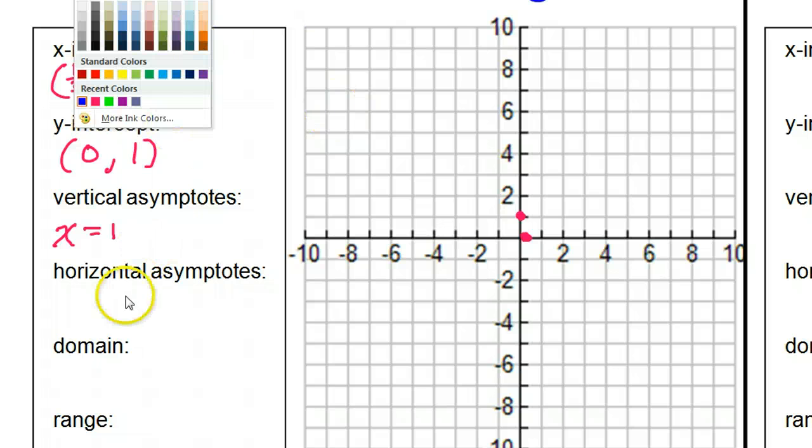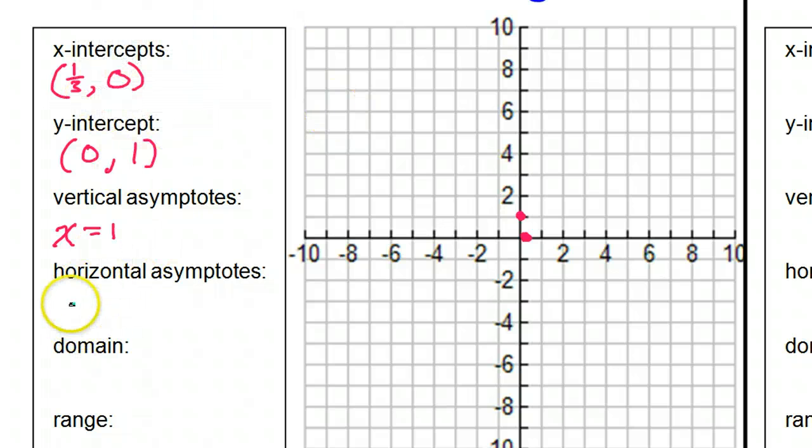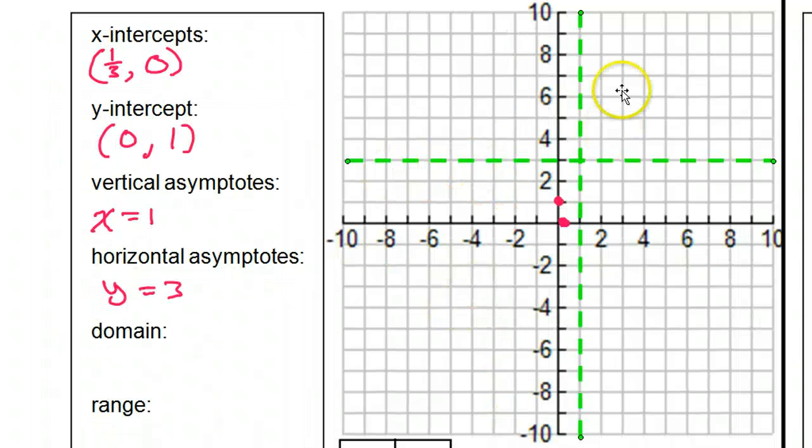So the horizontal asymptote is y equals 3. So let's go ahead and graph both of these asymptotes. So I need a vertical asymptote at 1 and a horizontal asymptote at 3. I'll do that off camera. Alright, so there are the asymptotes.